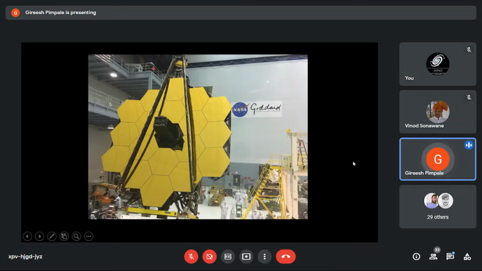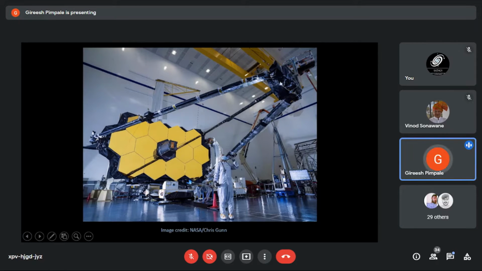It is called the primary mirror, or the objective mirror, because light coming from the object in space falls on this mirror first, and then it gets reflected and falls on another mirror called the secondary mirror. Here the yellow mirror that you are observing is the primary mirror, and the secondary mirror is situated here. The IR is incident on this primary mirror, reflected and concentrated on the secondary mirror, which is situated here.